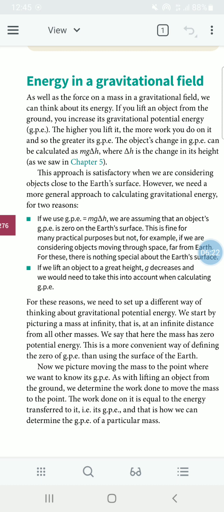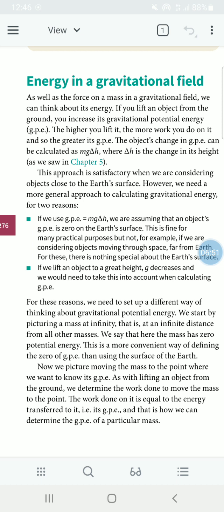Usually, for simple calculations, we consider Earth's surface to be having zero gravitational potential energy, GPE, and for our calculations we consider g to be constant.